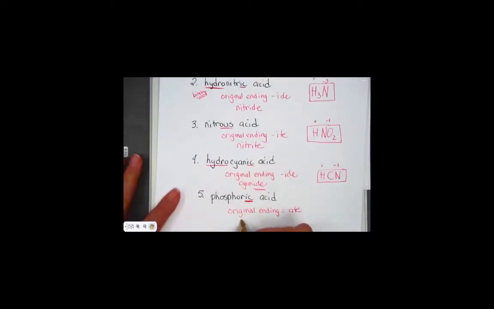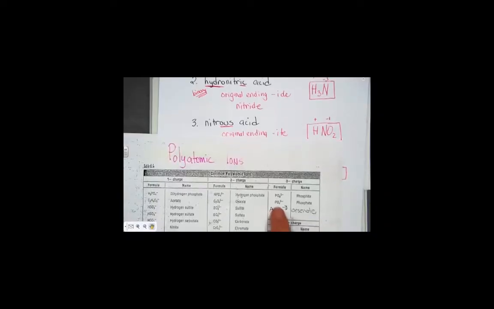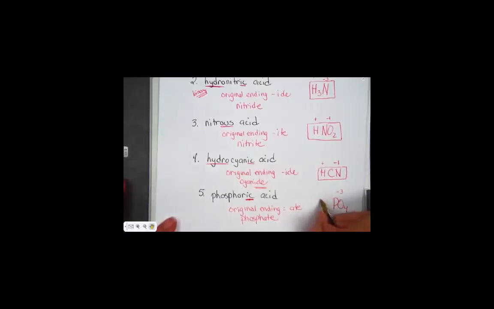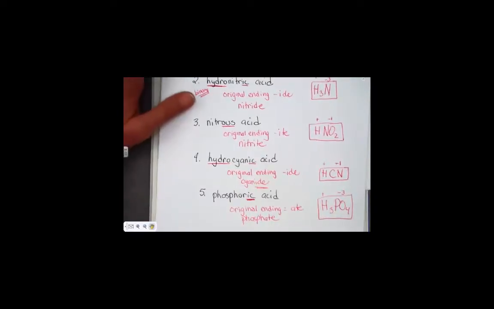So the original polyatomic here must have been phosphate. Phosphate is PO4 carrying a -3 charge. If hydrogen is always the first name of an acid, we'll have to crisscross the charges to balance it electrically, bringing a 3 down, H3PO4, phosphoric acid.